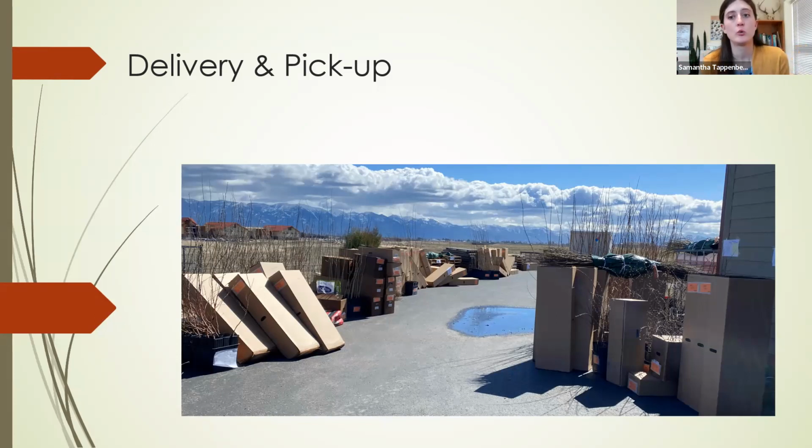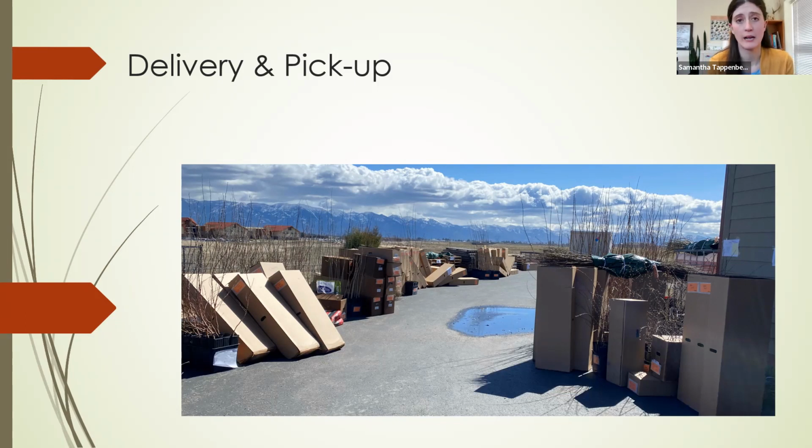The optimum short-term storage temperature for seedlings coming from the nursery is 32 to 45 degrees. So this is really important. You want to make sure that you're storing seedlings in a cool, humid location in their unopened boxes or bundles until they are ready to be planted.